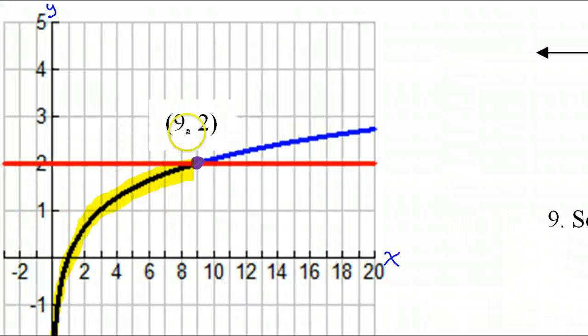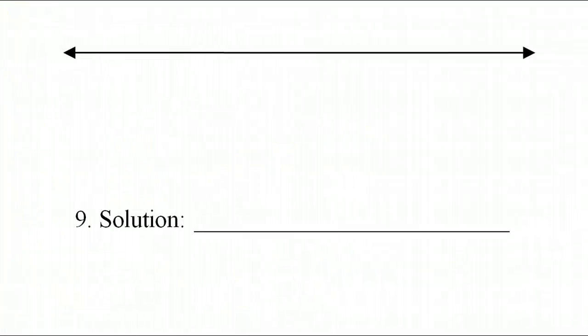I said that to emphasize that what we need is the x value. We're not doing a y thing, we're not going vertical with it. We're doing an x thing. So we need the x value, so it's 9. That's the critical value here, not 2.